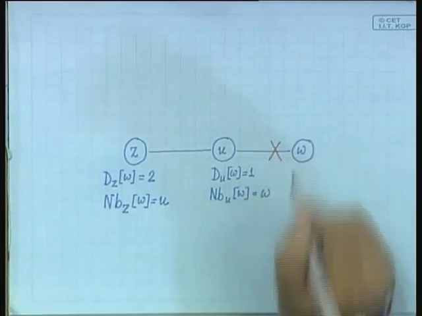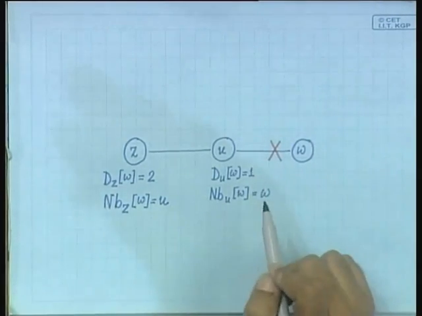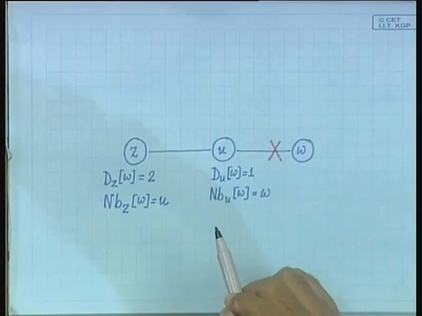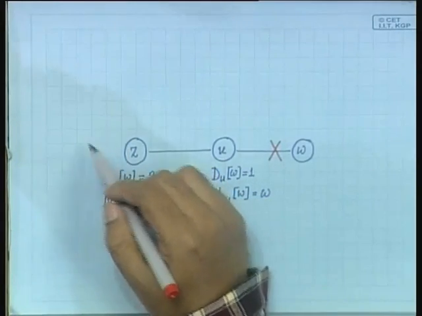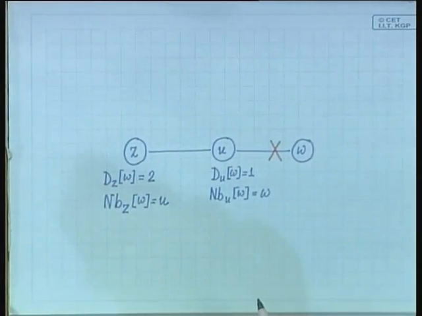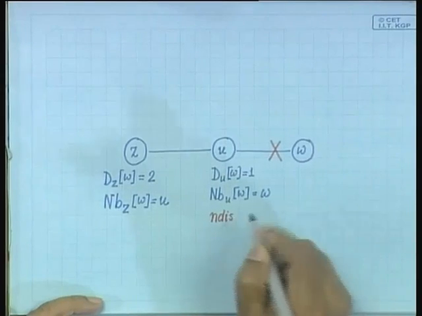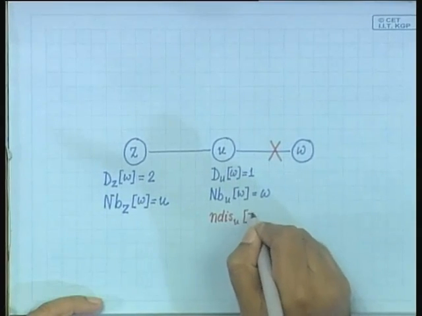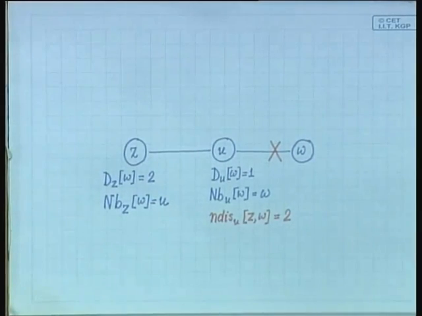Now, this channel goes down. This channel goes down. What is U going to do? You will get a failure message. Now, you will try to see if there is any other path through its neighbors to reach W, right. So, what is it going to look at? It is going to look at NDIS_U(Z, W). So, that is 2, right.